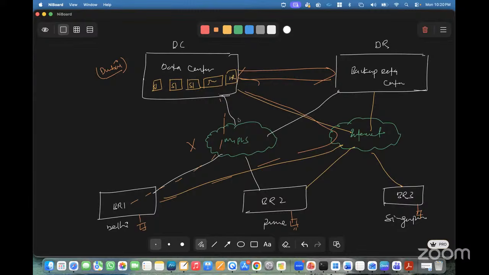In hub and spoke, for everything you have to go to the hub locations. And if you have any requirement to connect branch to branch, you also have to go through the hub. So spoke to spoke communication, branch to branch communication, or hub to spoke communication, all of this is happening. One more problem: if any user sitting in a branch location wants to go on the internet, they first have to go to the data center.